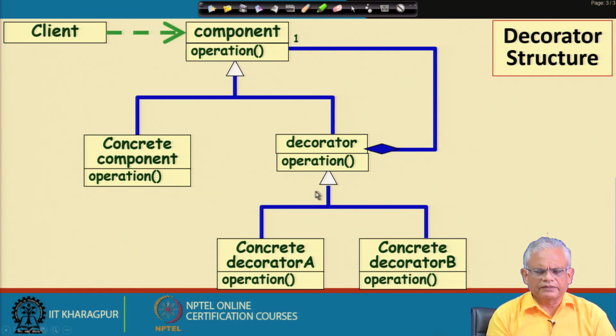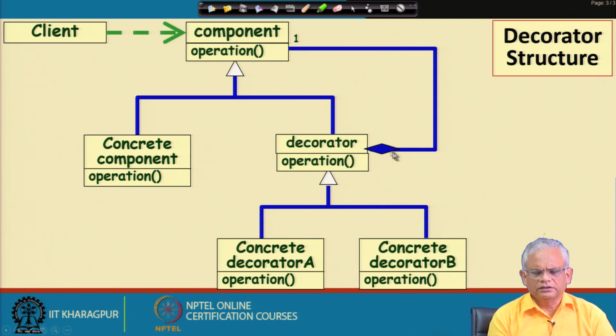There can be different types of decorators, but again they are derived from the same decorator class and therefore, they have the same methods. Of course, they can add additional methods as well. For the methods that are defined in the concrete component, the decorator just forwards it to the concrete component.